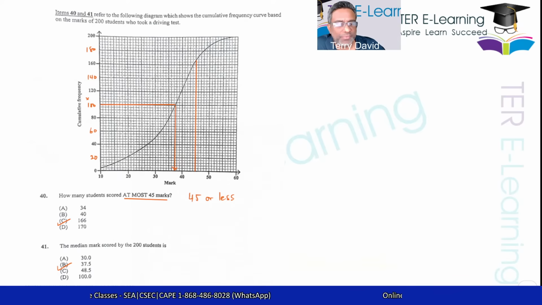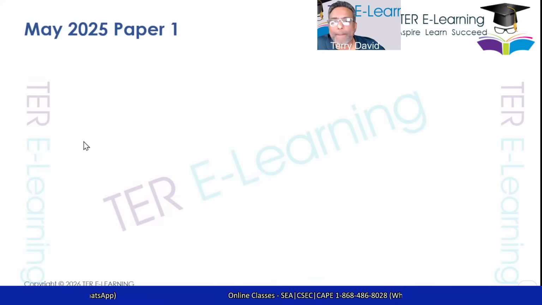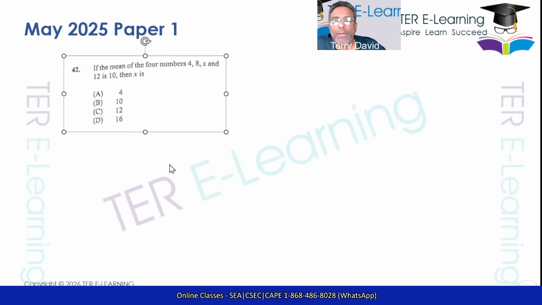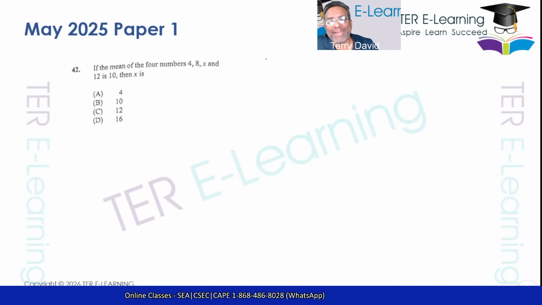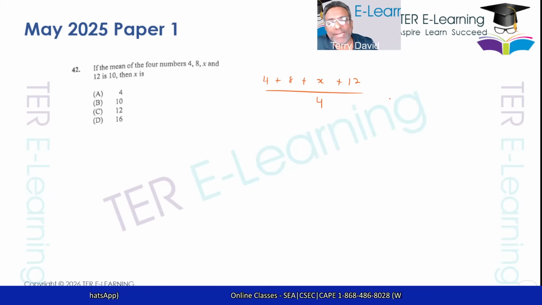Right, question 42. I think we saw this one last night. All right, so the mean of 4 numbers, 4, 8, x, and 12 is 10. So if you take 4 plus 8 plus x plus 12, and you divide that by 4, that's how you get the mean of those 4 numbers. The answer is 10.